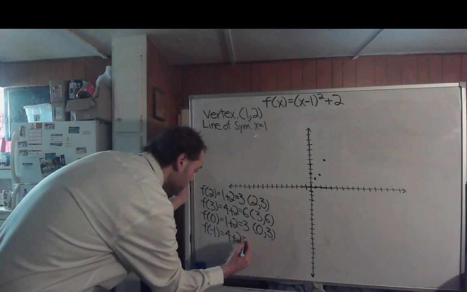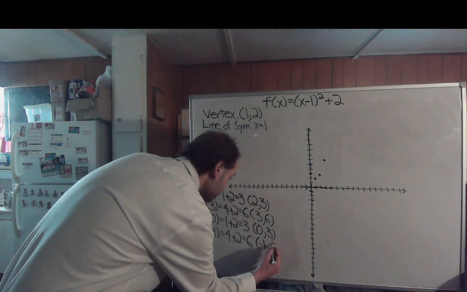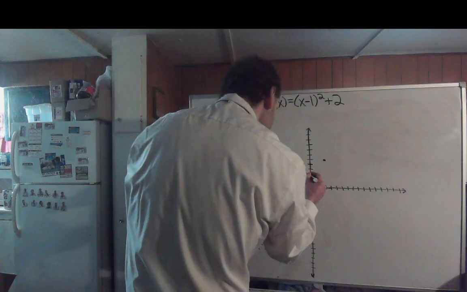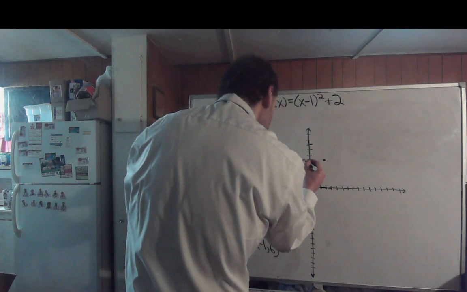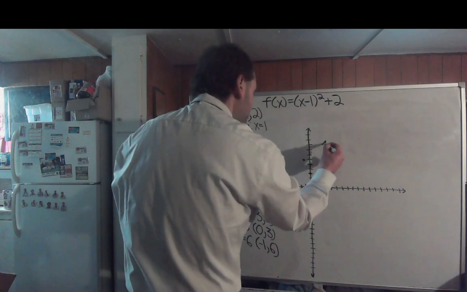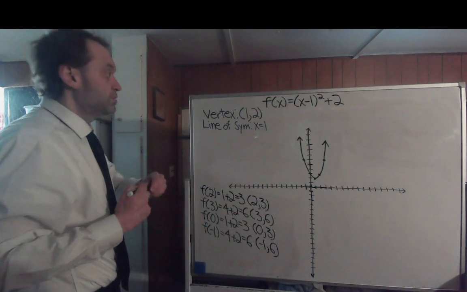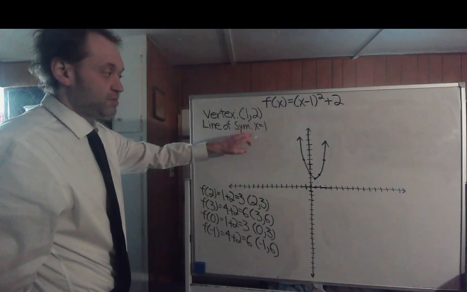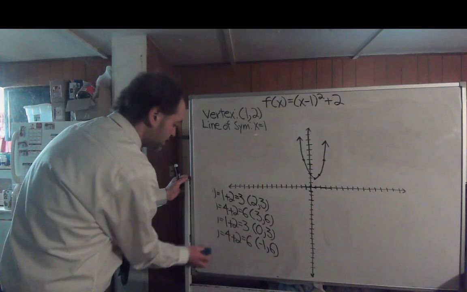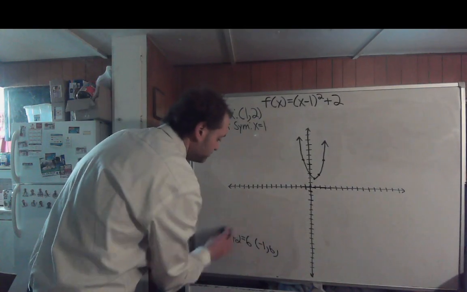Plus that 2 would give you 6. So you'll get the point (-1, 6). So let's find (-1, 6). And now we have sufficient points to plot this parabola. And there's your parabola with vertex at (1, 2), line of symmetry x equals 1. We'll do a couple more in the vertex form, then we'll go into intercept form.